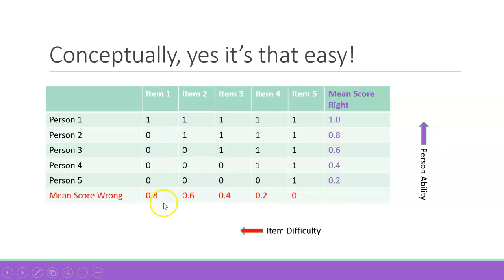So we can see item 1 is the most difficult or the hardest to endorse if we were talking about stats anxiety. Item 5 would be the easiest to endorse or the easiest to get correct. It's that easy. That is what these models are based on, and it allows us to look at items and persons in the same manner.